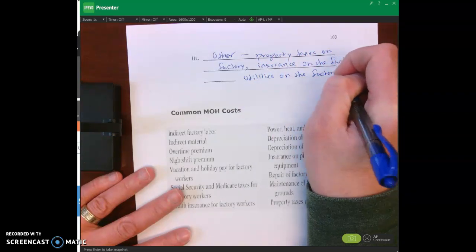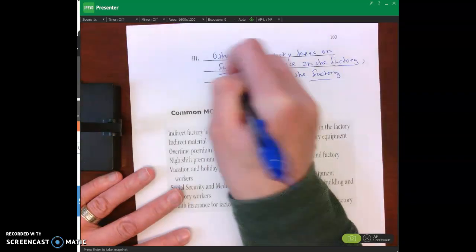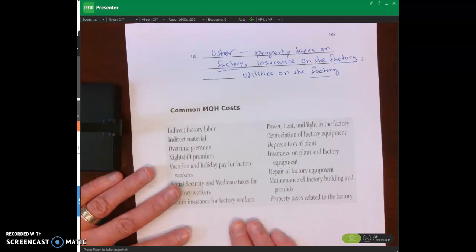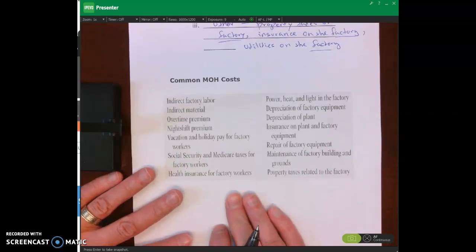Now, you can see the keyword here, factory. It has to be on the plant or the production facility, not on corporate headquarters. If it's on corporate headquarters, as we'll talk about soon, that would be considered a period cost, not a product cost, okay?